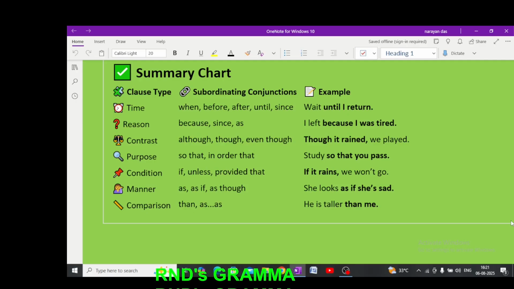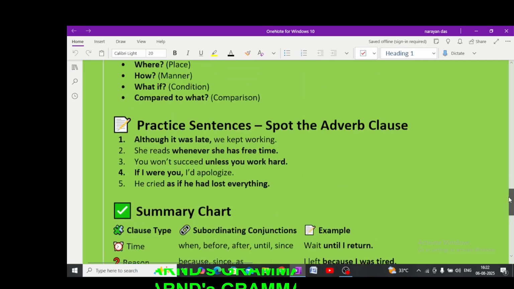Adverbial clause of purpose, subordinating conjunctions, sentence. So, if you take a quick look at this chart, it will help you to understand the different types of adverbial clauses that you find difficult to understand.